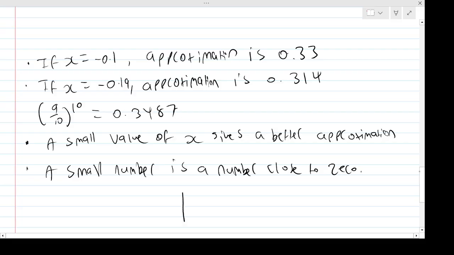If we had positive 0.1 and negative 0.1 and 0, they're the same distance apart. Obviously one's negative and one's positive, but we don't care. The idea is that it's close to 0, ignoring any sign. So if you have a decimal close to 0, it's a small number. And if we have a small value of x that we plug into our expansion, as we just did, it gives a better and closer approximation to the actual answer. So it's a better value to choose.